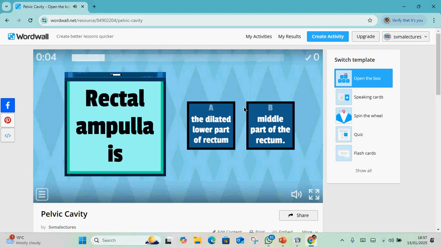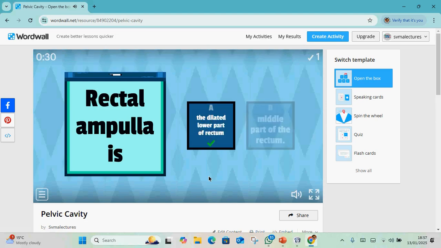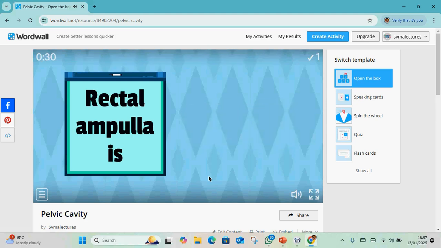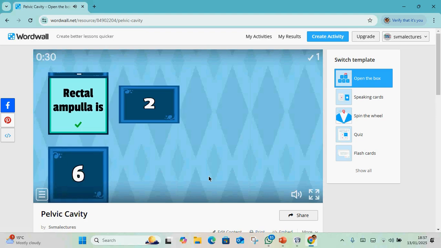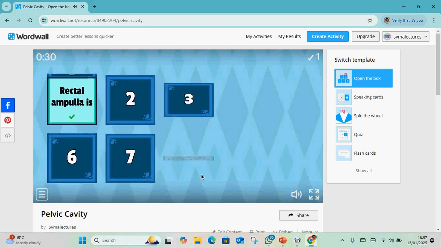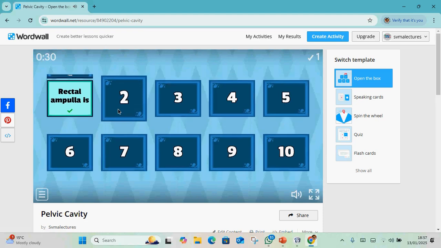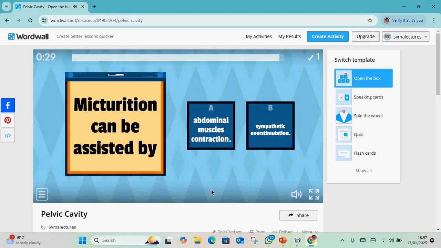Let us check. True. Go on, Rawan. Micturition can be assisted by A, abdominal muscles contraction, or B, sympathetic overstimulation.